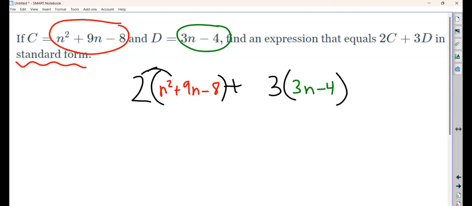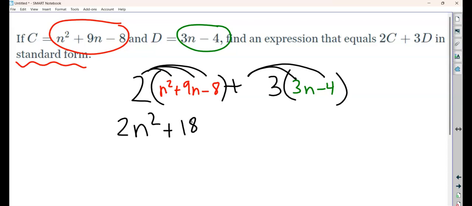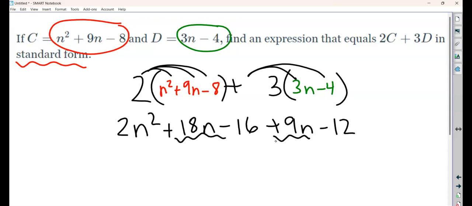I'm going to do some simple distribution here, and then some simple distribution of positive 3 over here. Then we're going to get 2n squared plus 18n minus 16, and then plus 9n minus 12. And I'm going to combine my like terms here and here.